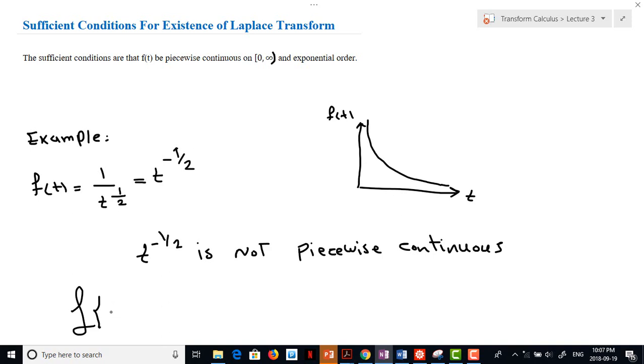In the next lecture, I'll show how we can find it. The Laplace transform of t to the power of minus half is equal to root pi over s. So now we can see a function which is not piecewise continuous, but still has a Laplace transform. It means that the conditions we have are sufficient conditions, not necessary conditions.